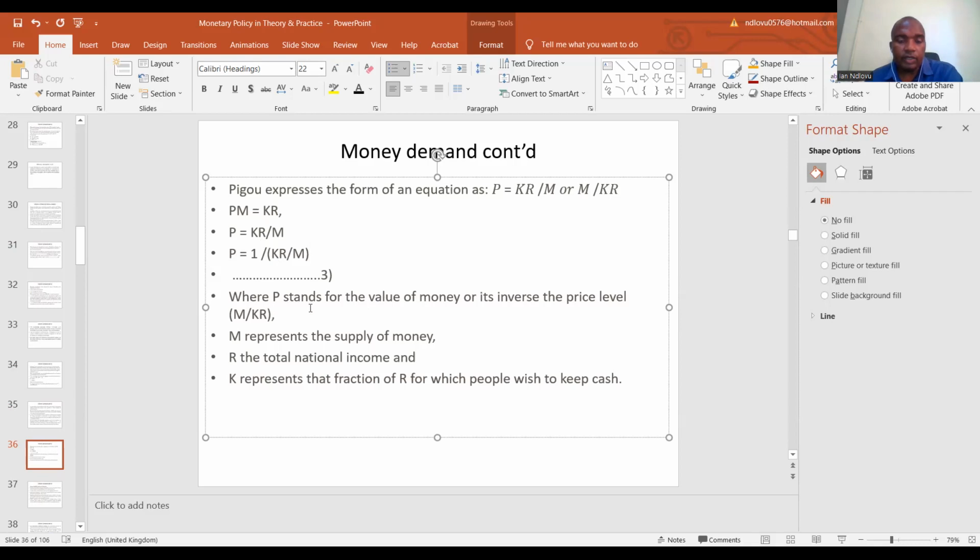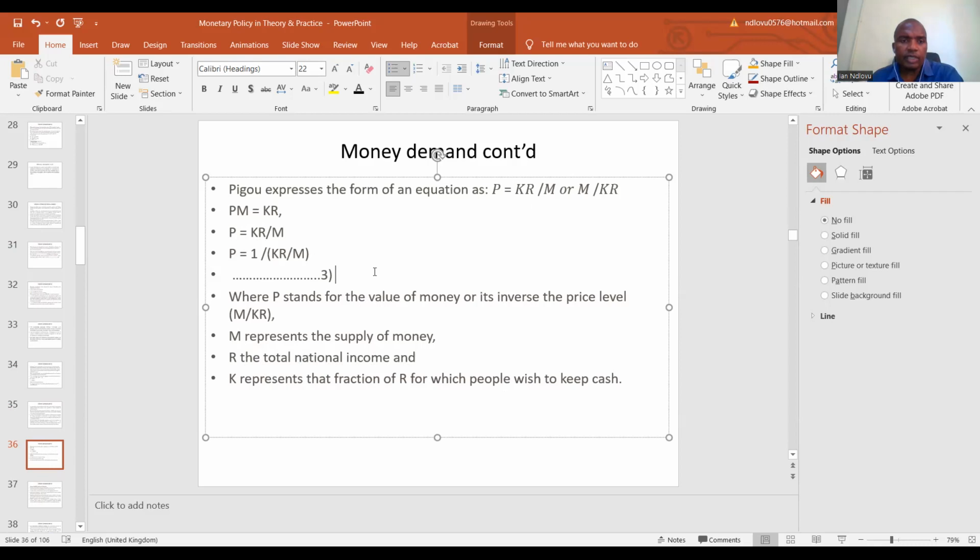If you look at where P stands for the value of money or its inverse, the general price level, and M represents money supply. R is the total national income. K represents that fraction of R which people wish to hold as cash balances.